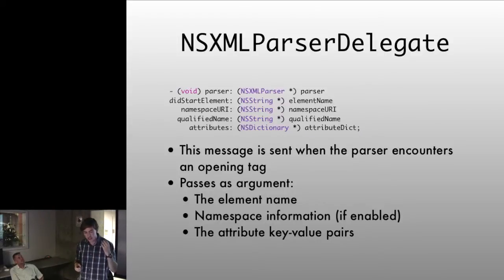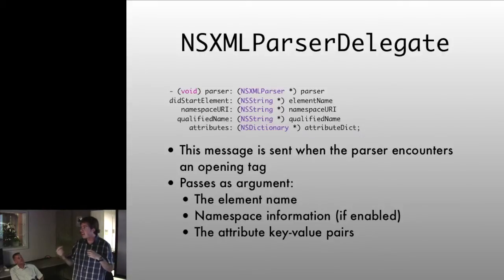The idea is that it takes in the parser, of course. It takes the element name if it found the opening tag for some element. If there's namespace information available, I'm not a super XML guy, so I don't quite know what that is, but if you know XML and you know that there's some custom namespace thing going on, you can get that from here, and that kind of goes into qualified name as well.